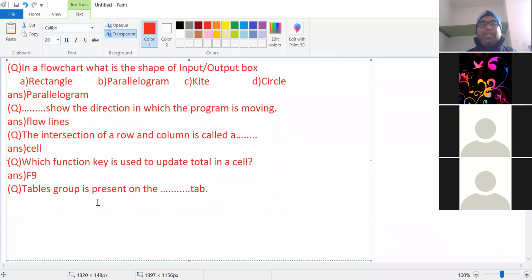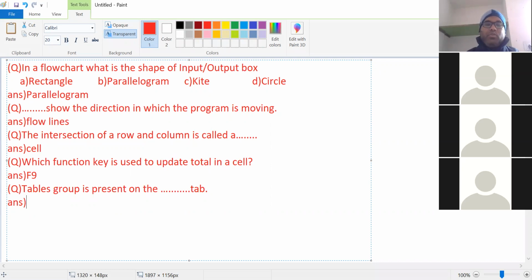Next one is, the tables group is present on which tab? Insert tab. The tables group is present on the insert tab.